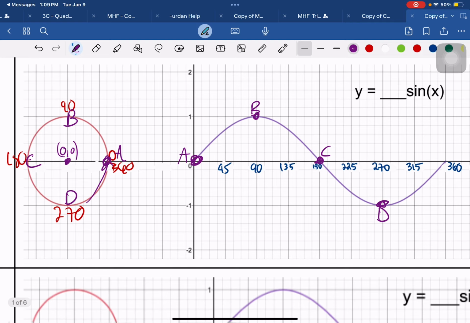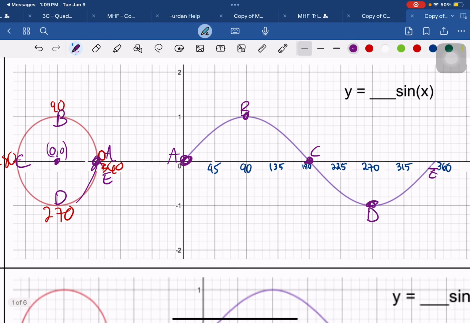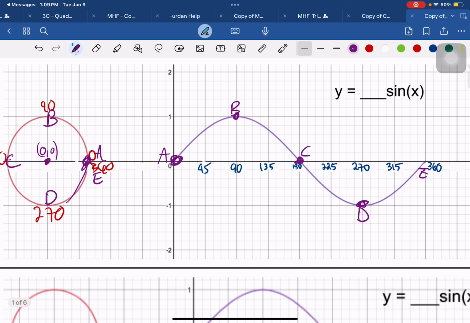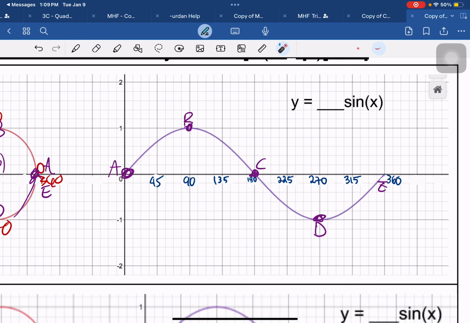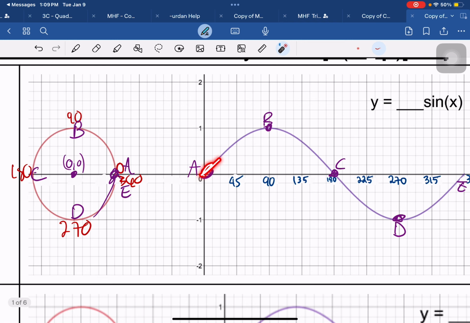And we're going to call that point E when we get back to the start, and we end where we started, okay? So one revolution around the circle goes from A to B. So this rotation of the circle is the same as that rotation.